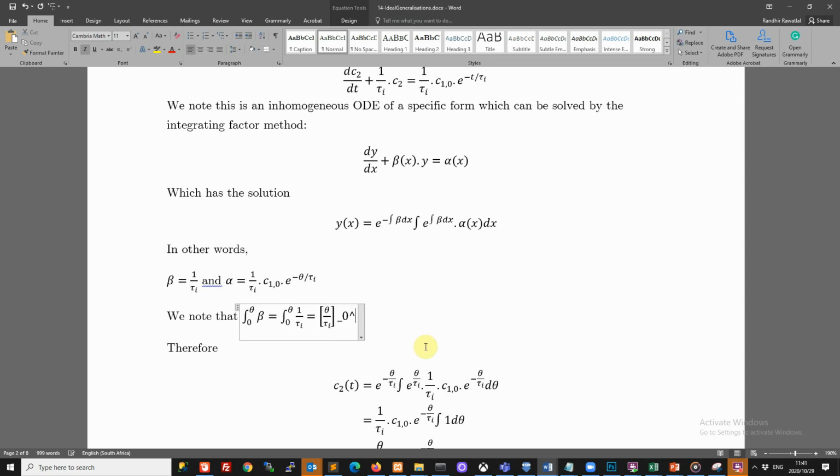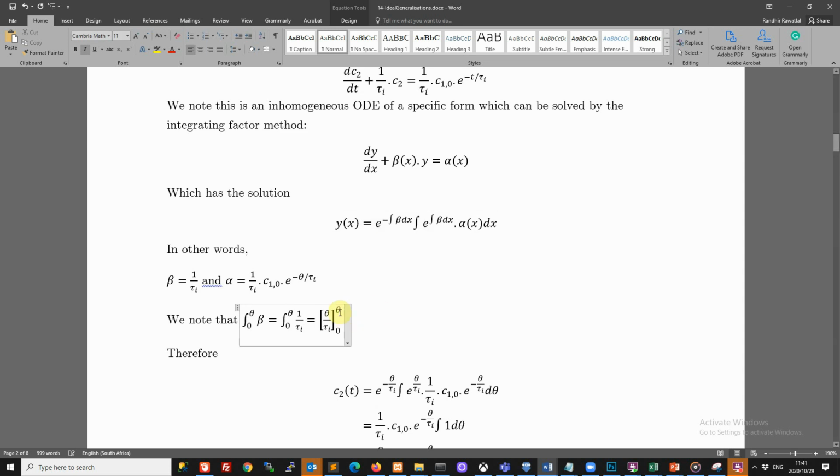And so you can see at theta, this is going to be theta over tau i, and at naught, this whole thing is going to be naught. So this is simply theta over tau i. So that's the integral of beta, it's theta over tau i.